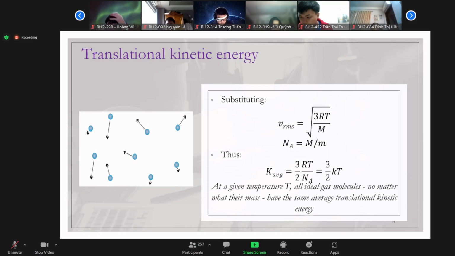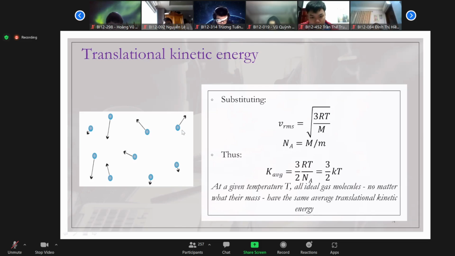Then at a given temperature T, all ideal gas molecules, no matter what their mass, will have the same average translational kinetic energy. They have the same, okay? The translational kinetic energy depends only on the temperature.